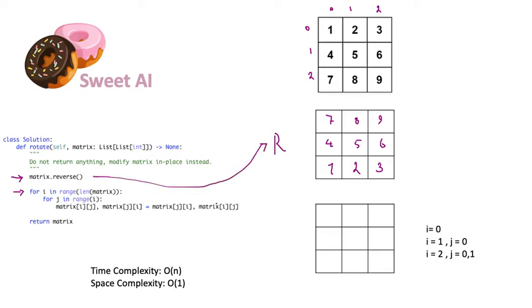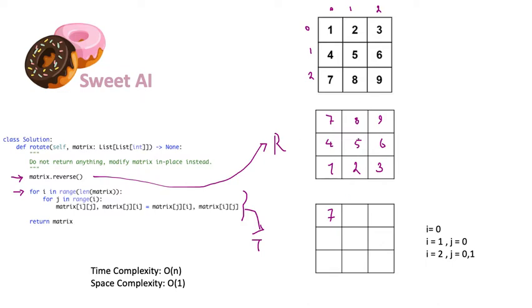And then for the transpose step, we are going to transpose this matrix over the left diagonal. For doing that, i is 0, j is going to be in range 0, which means we don't go through this for loop. So we're just going to leave 7 there.